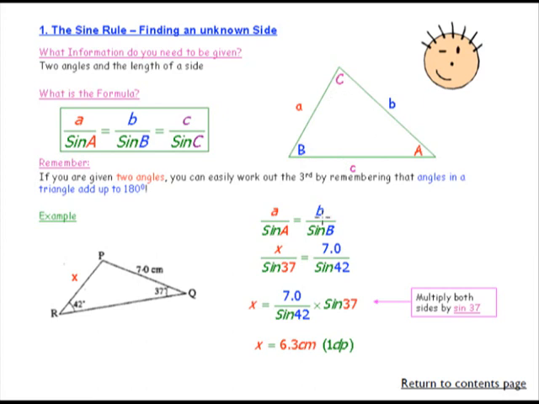One more time: that length divided by sine of this angle is equal to that length divided by sine of its opposite angle, is equal to that length divided by sine C.